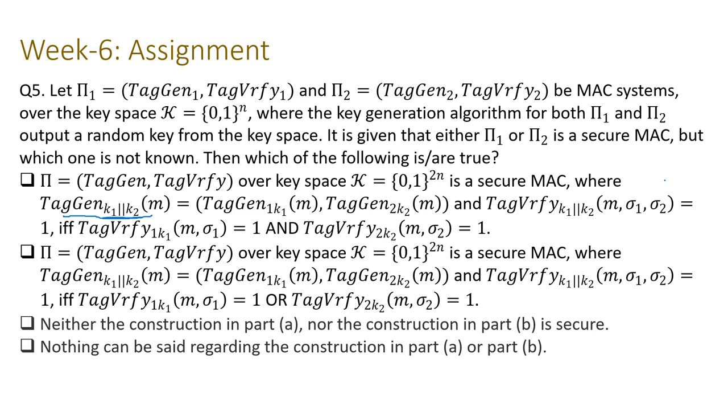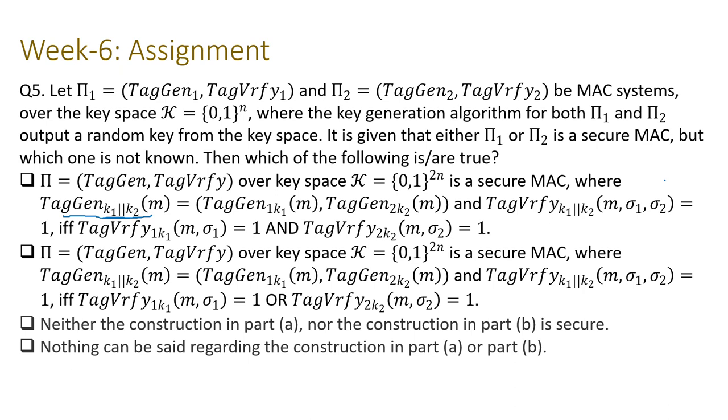Okay, so basically the first one will remain secure, not the next one. The reason being very simple. So let's say that pi1 is not secure, then it is easy to come up with a valid message tag pair for the scheme pi1.